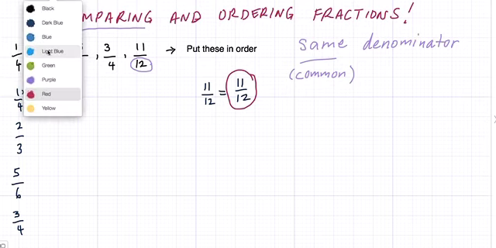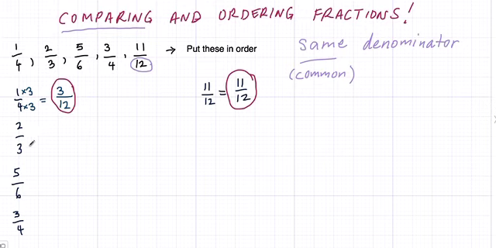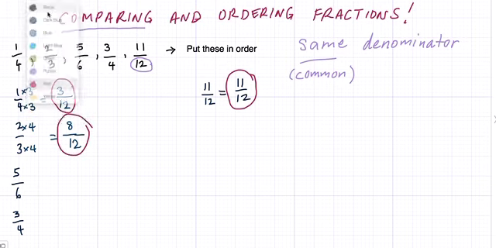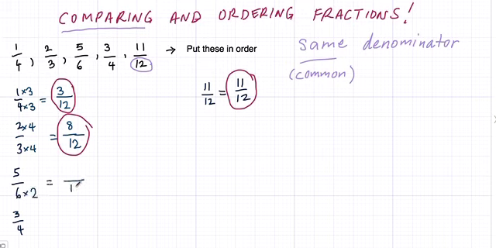All right. We're going to do the same thing with the others now. 2/3, 3 times 4 is 12. Same thing to the top as the bottom, 8. So 2/3 is the same as 8/12. Again, 5/6, 6 times 2 gives me 12.